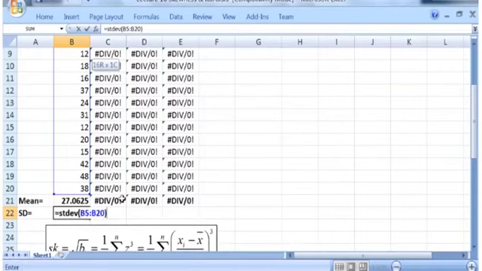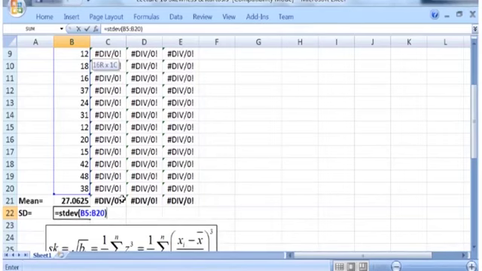But there is one very important point to note: this STDEV formula uses the summation of x minus x bar whole square divided by n minus 1 instead of n. So it gives us the unbiased result. But currently we have been discussing that to calculate the standard deviation we should use n.